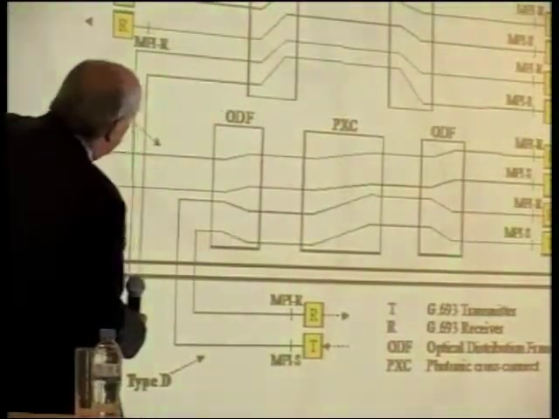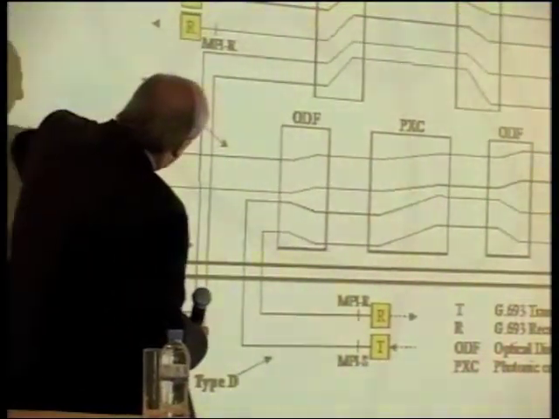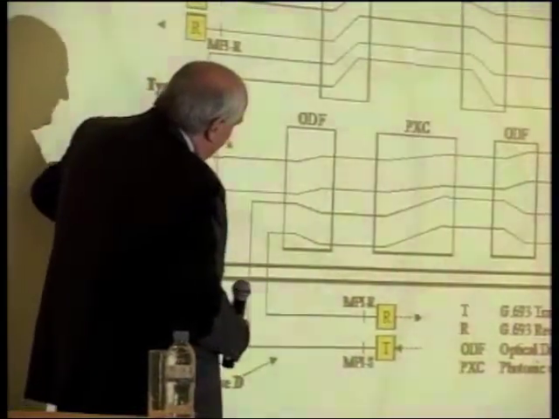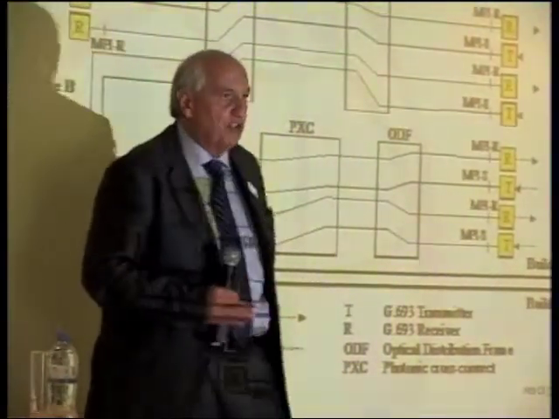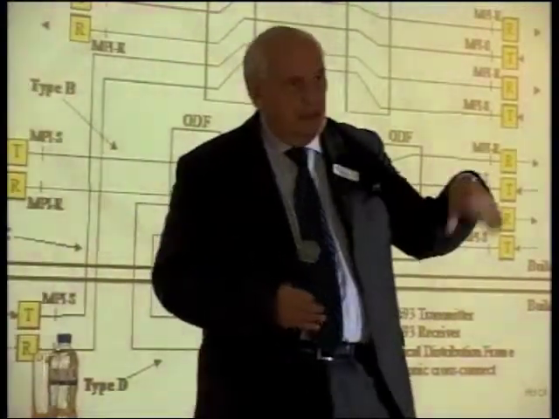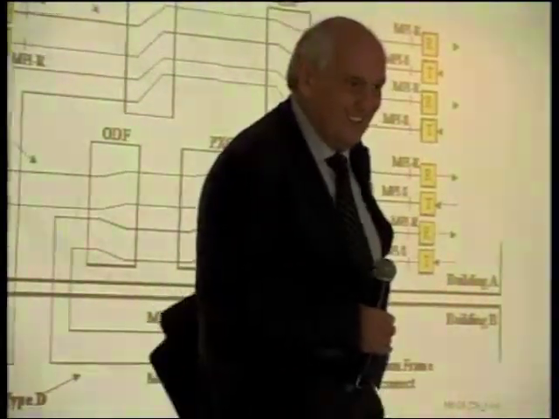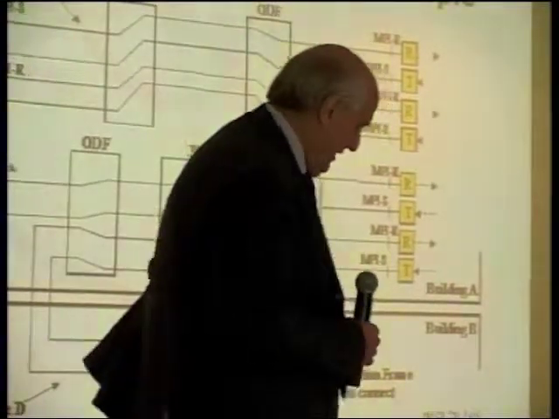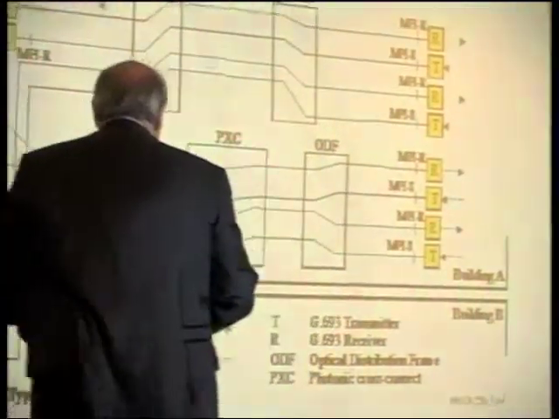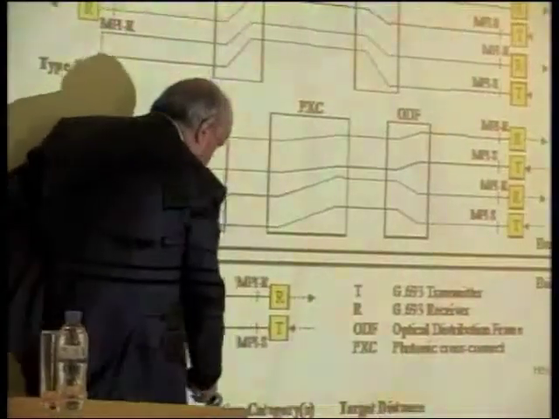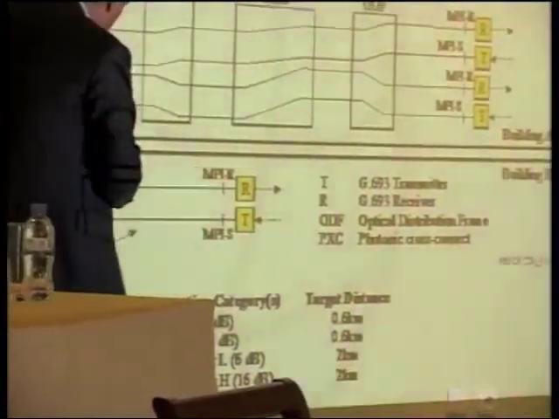Then we have type B, which is in the same building, but going through a photonic cross connect. It is a switching apparatus, a switching system. So the attenuation for this can increase up to 6 dB.